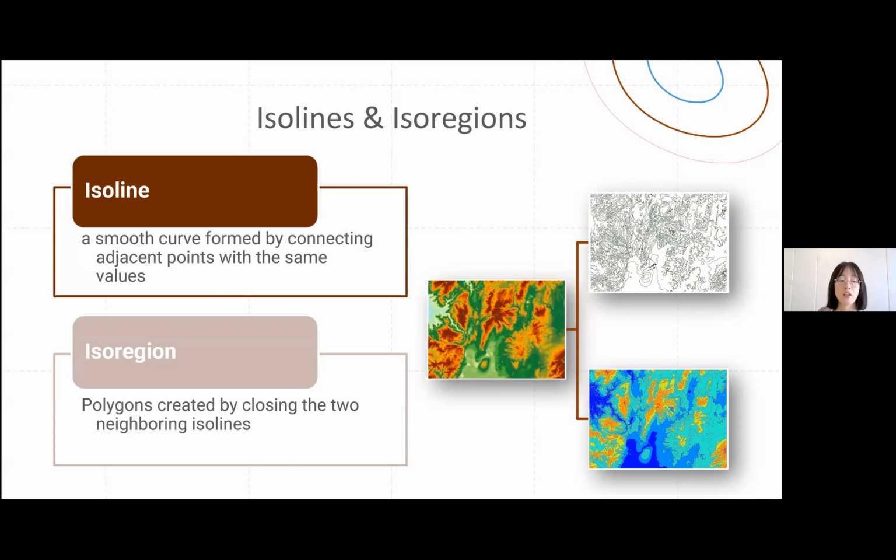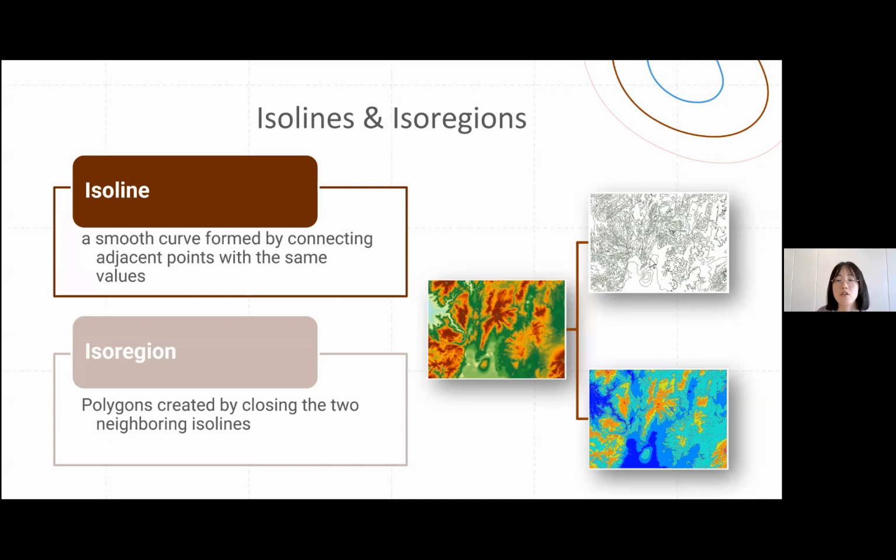And so here we're going to create isoregions for our precipitation data set, like for this one. Let's go to the tab Spatial Analysis, and under it, find raster analysis. And then we will go to the surface analysis group, and under it, on the very top, we can see a group of tools called extract isolines.